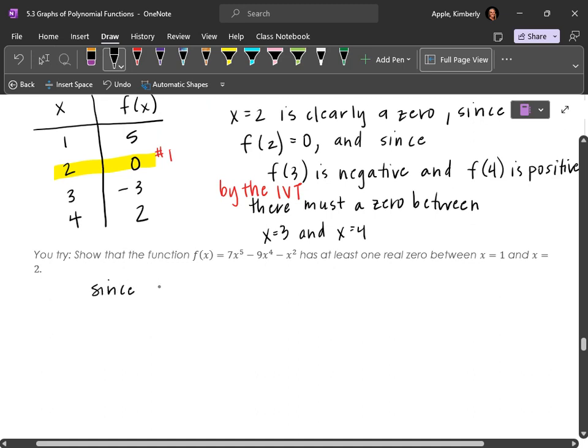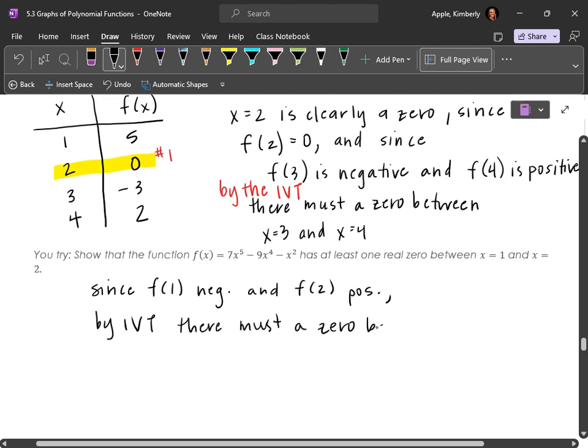So we would say since f of 1 is negative and f of 2 is positive, by IVT, there must be a 0 between x equals 1 and x equals 2. Done.